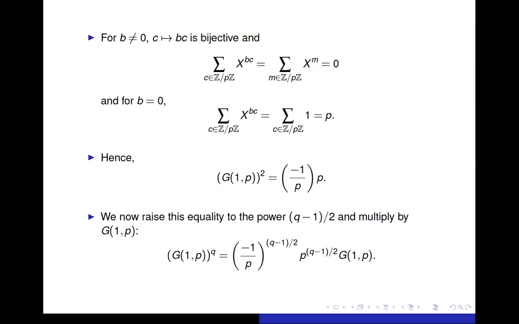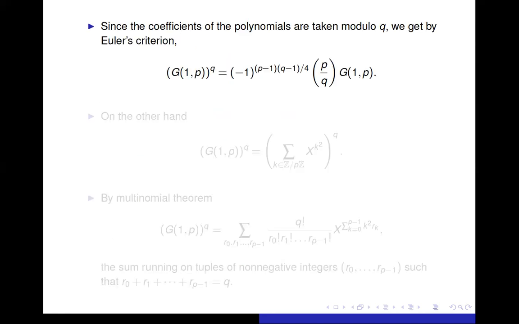And p to the q minus 1 over 2 is the Legendre symbol of p and q. So I get, in fact, the Gauss sum to the power q equals the Gauss sum times minus 1 to the p minus 1 q minus 1 over 4 times Legendre of p over q. So I get this equality.